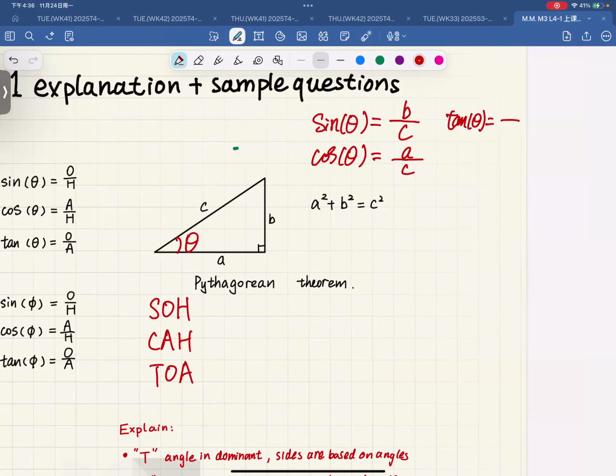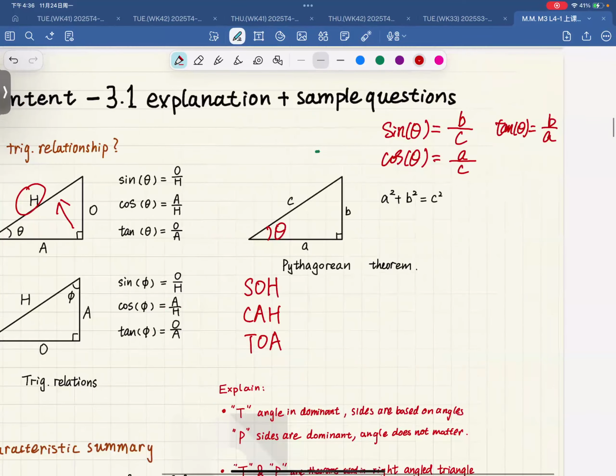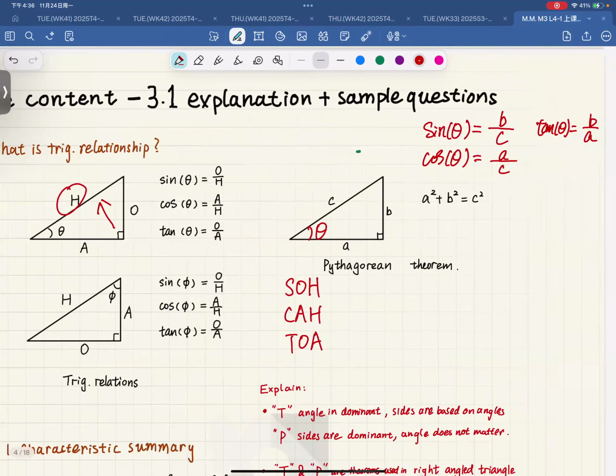B over A. Anyone learn physics in this classroom? No? Okay, anyway, that's the basics: sine, cosine, and tangent.